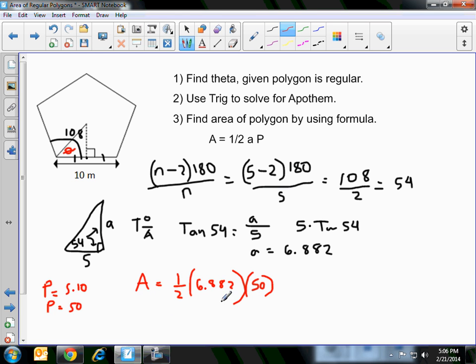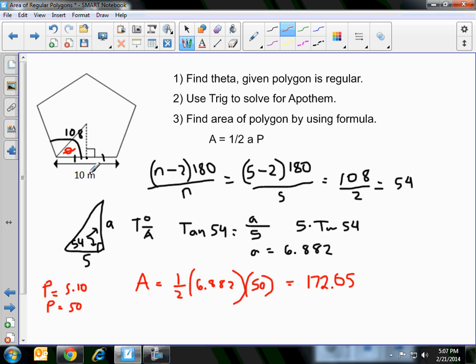All right, so I'm now going to multiply just how it's written here. I'm going to type that very thing into my calculator: 1 divided by 2 times parentheses 6.882 times parentheses 50, and we get our area of 172.05.